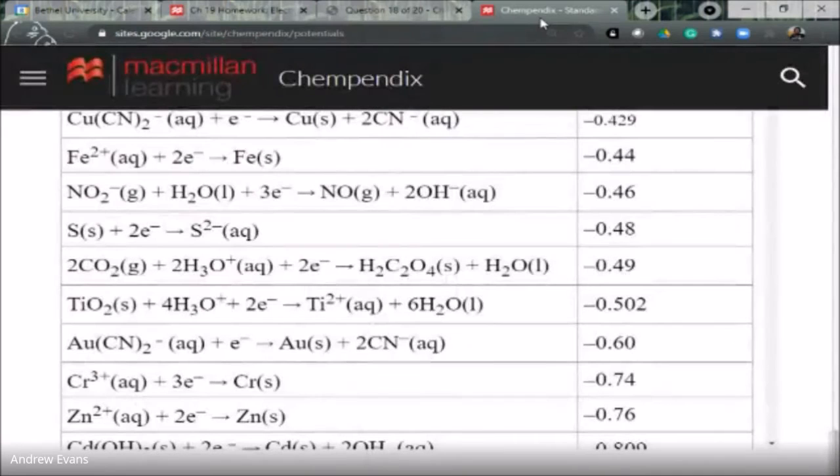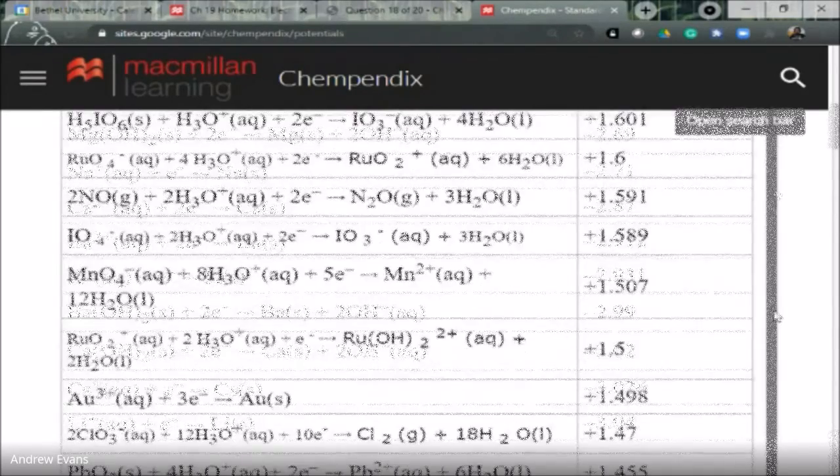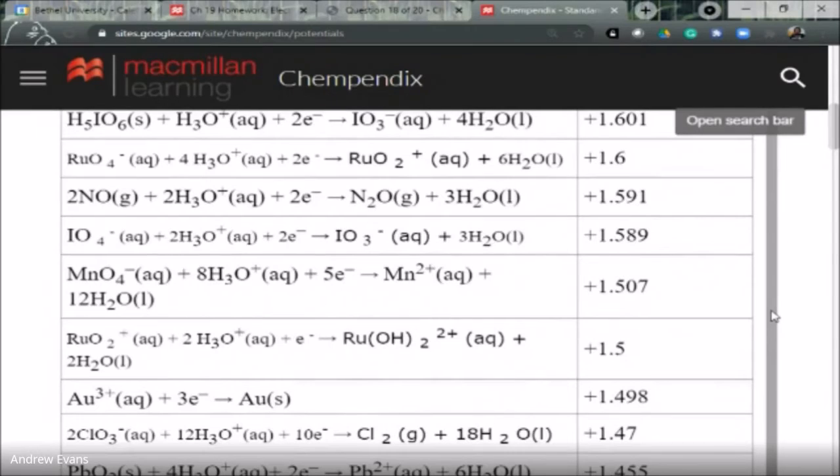So if I have N and F and E, if I can find E cell, I can find our delta G. I need zinc. Zinc is right there, 0.76. Gold's going to be up a bit. Oh, there it is, 1.498. Took me forever.